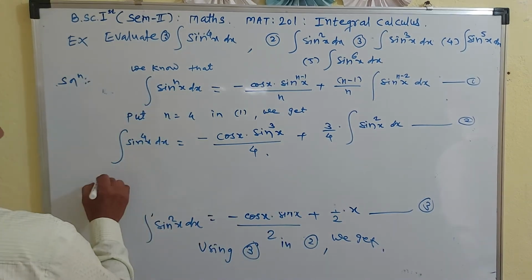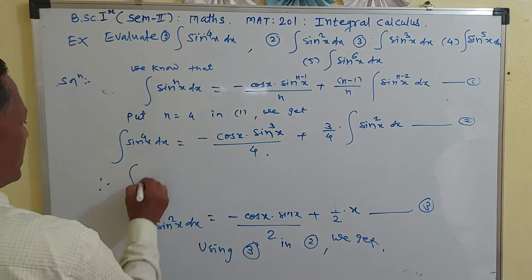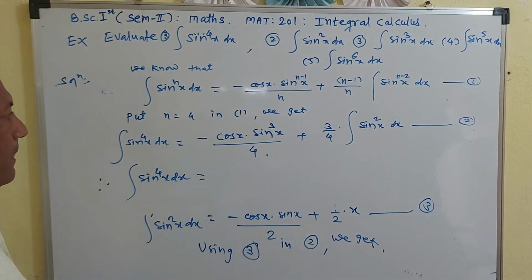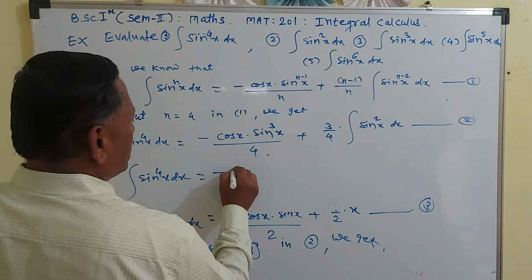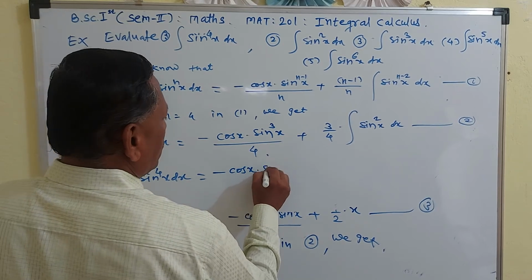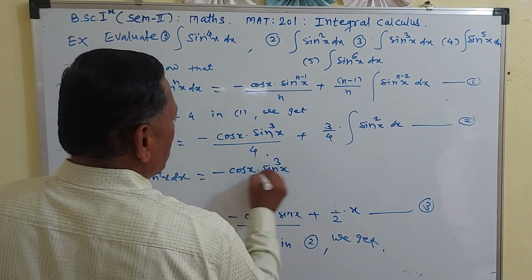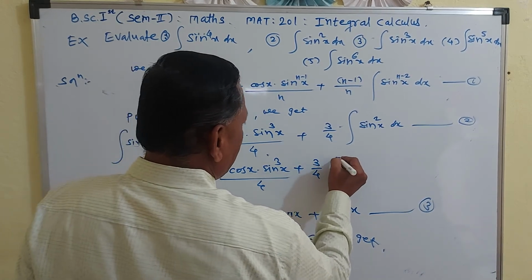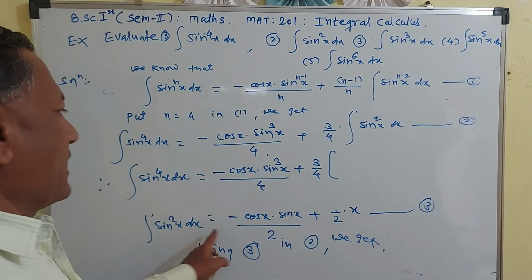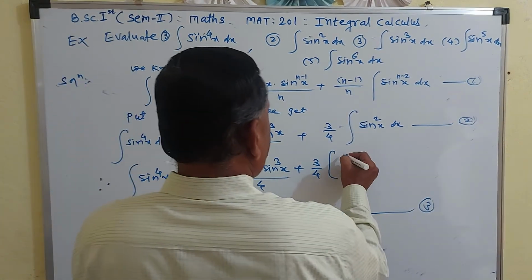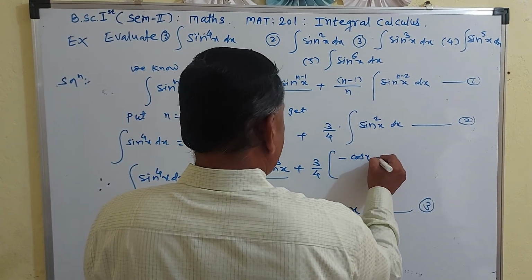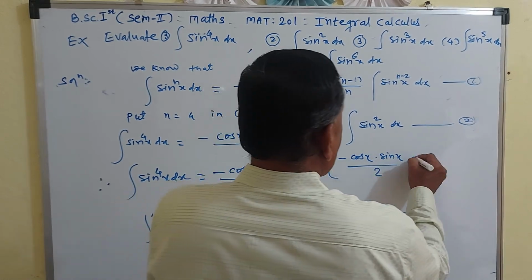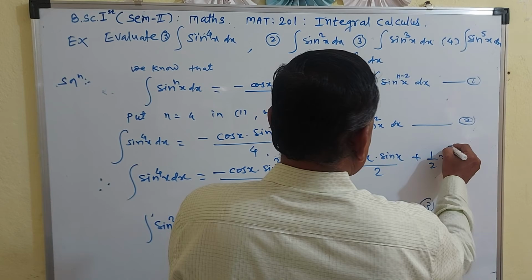Therefore, integration of sin^4 x dx is equal to minus cos x into sin cube x upon 4, then plus 3 upon 4 into integration of sin square x, which is equation 3: minus cos x into sin x upon 2 plus 1 by 2 into x.